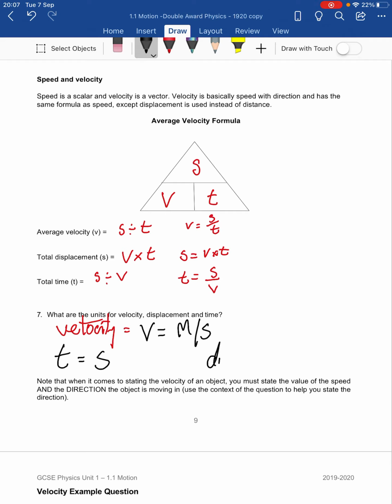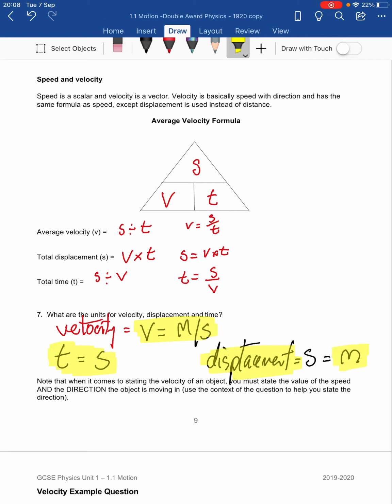And displacement, which is s in this case, is meters. Didn't do that very neatly, did I? That's better. So time in seconds, velocity in meters per second, and displacement in meters.